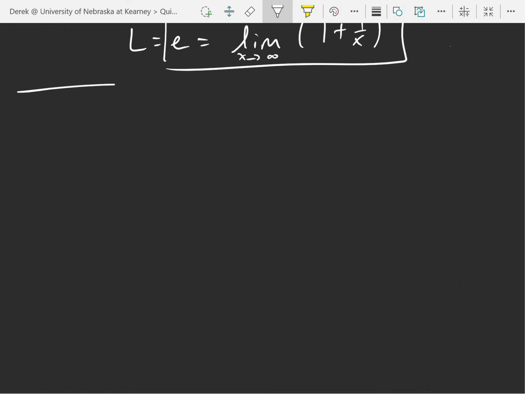So let me just kind of state what you would do for those other indeterminate forms. The other indeterminate forms we had were 0 to the 0. We did a 1 to infinity. We did a 0 times infinity. We did an infinity minus infinity. And the other one we had was an infinity to the 0.